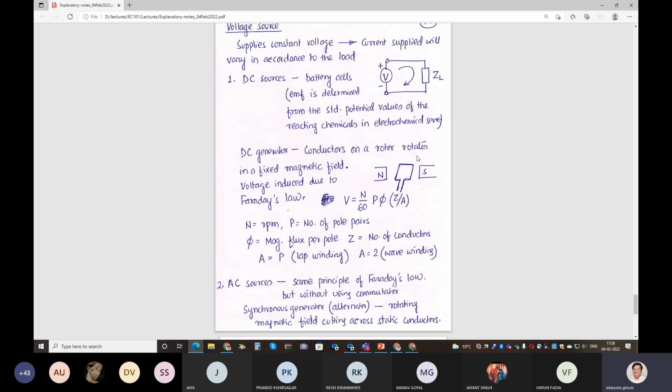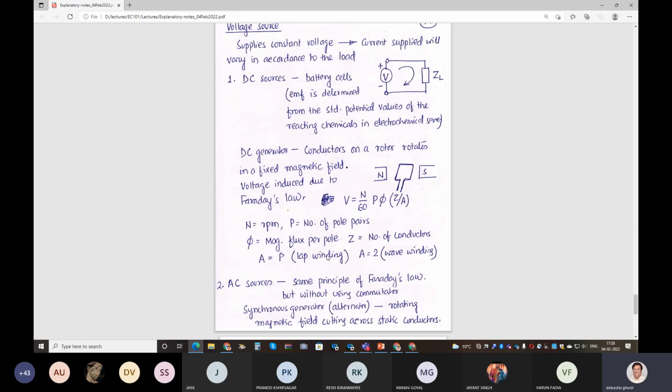These pole pairs will develop a constant magnetic flux, so phi is constant. Z is the number of conductors on that rotor. Here I have shown only two conductors, one going this way and one coming this way, but like that you have many conductors. Z is the number of conductors, and A is equal to P in case of lap winding.